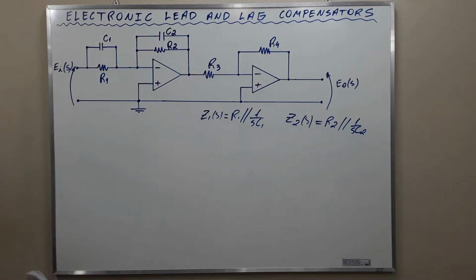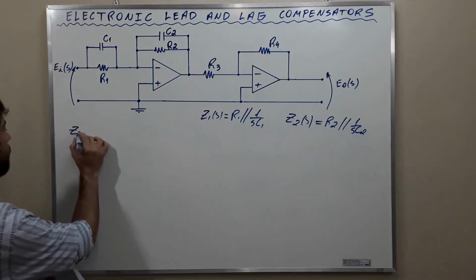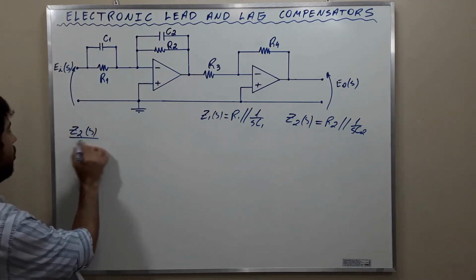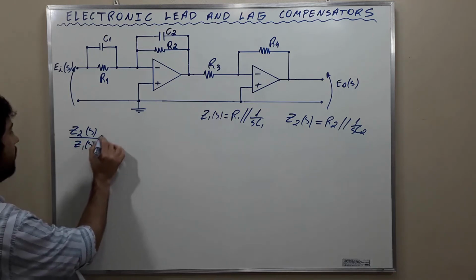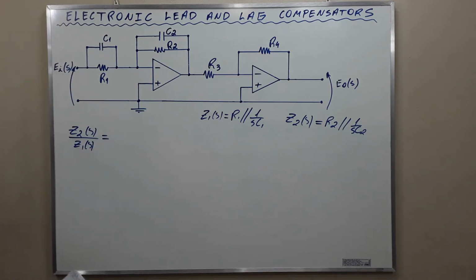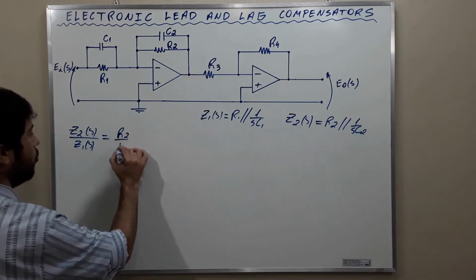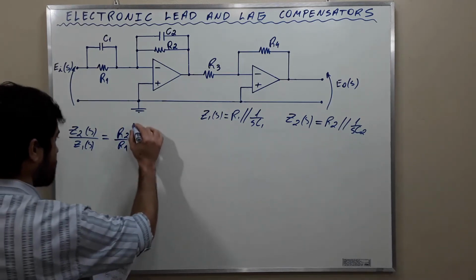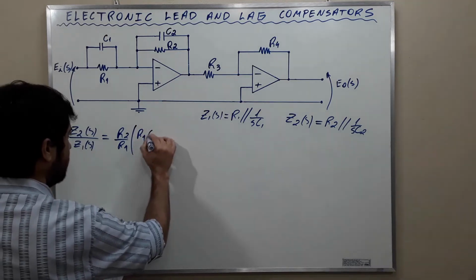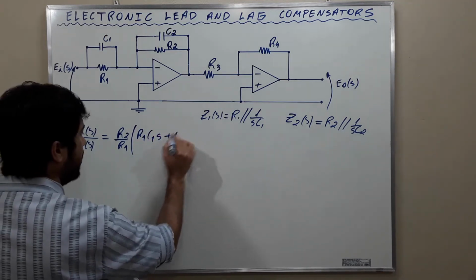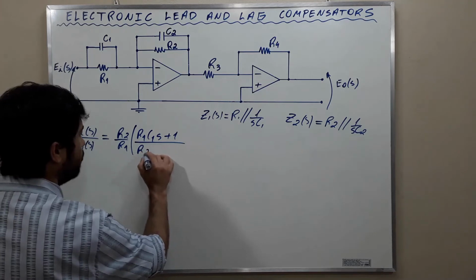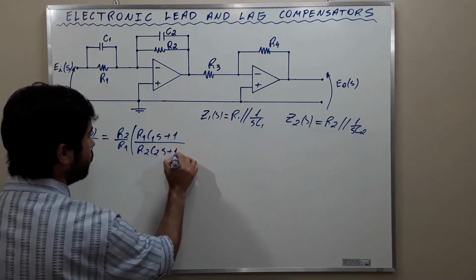Then Z2 of S over Z1 of S will be equal to R2 over R1, times (R1 C1 S plus 1) over (R2 C2 S plus 1).